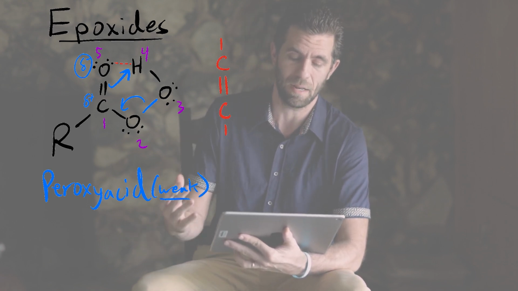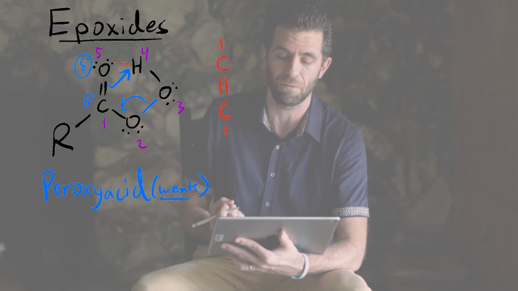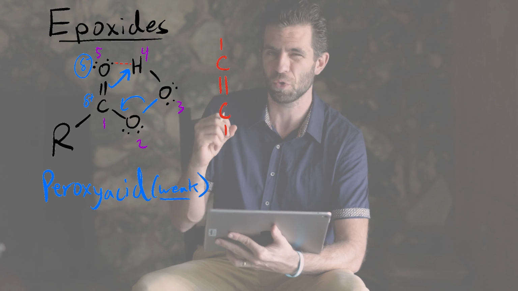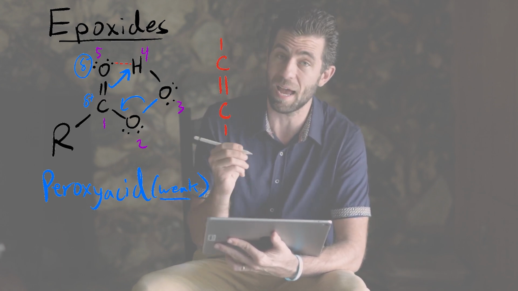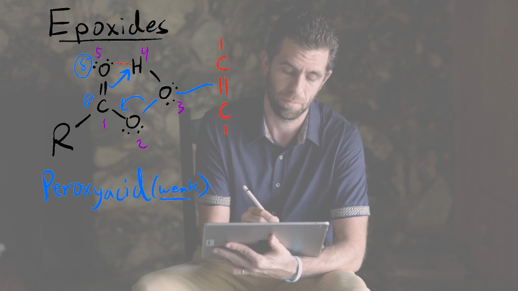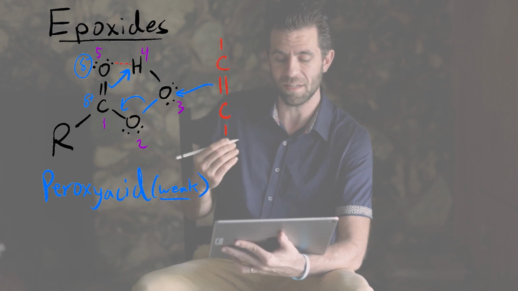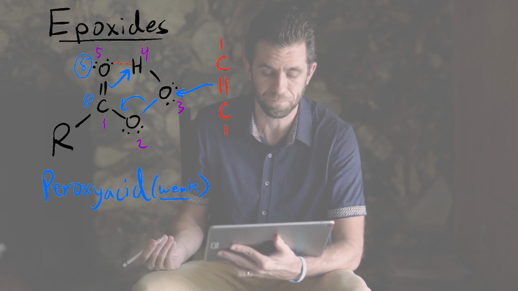Now, as you can sort of see that molecule, that peroxyacid, decaying or falling apart, what's really driving this process and what finishes it off is the fact that this alkene is going to actually attack this oxygen. But as that attacks the oxygen, you notice that we have space here.